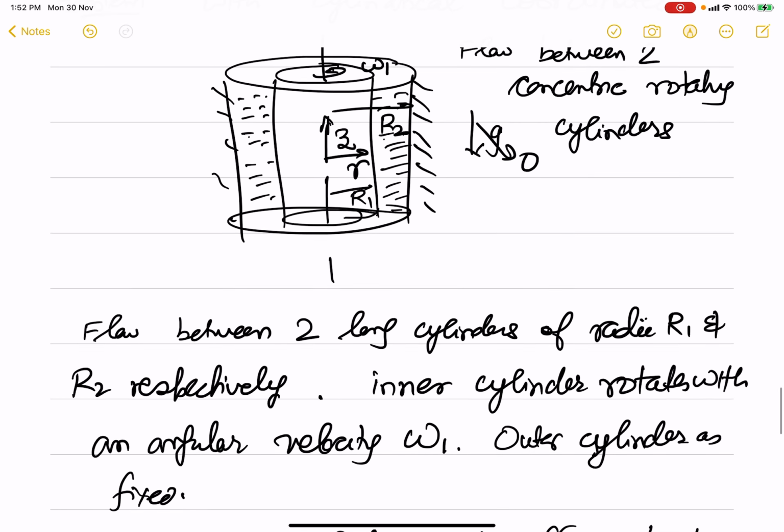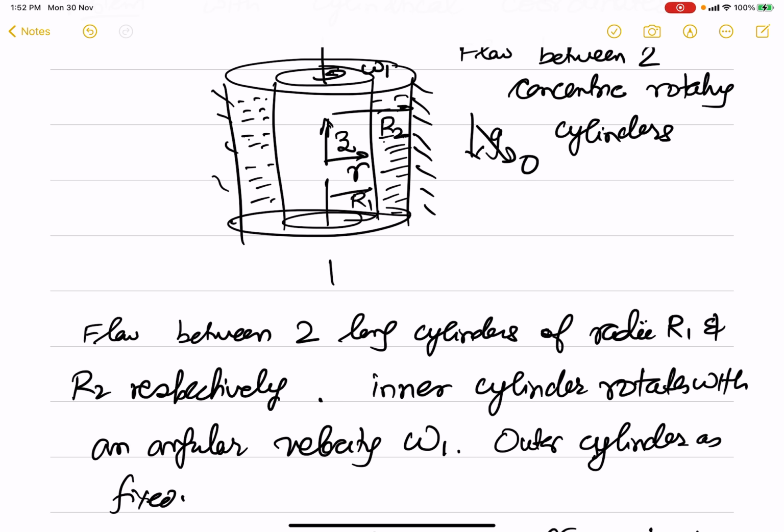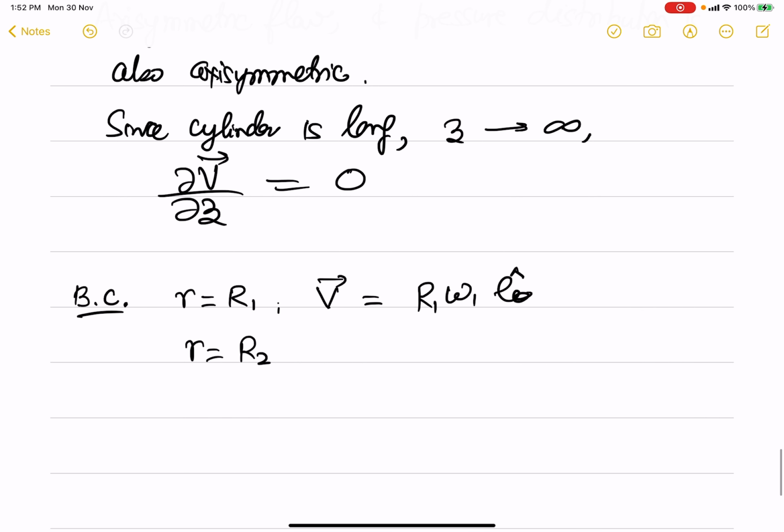There is no z component of velocity, there is no r component of velocity. So therefore, this is what we get for velocity. And at r is equal to r2, since the outer cylinder is fixed, all components er, e theta, ez are 0.